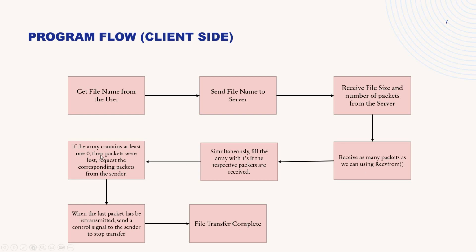If even one element in the array is a 0, that means at least one packet has not been received, and the file transfer hasn't been completed yet. In this case, we use these indexes to ask the server to send those particular packets. And when it has been completed thoroughly, we complete the file transfer.